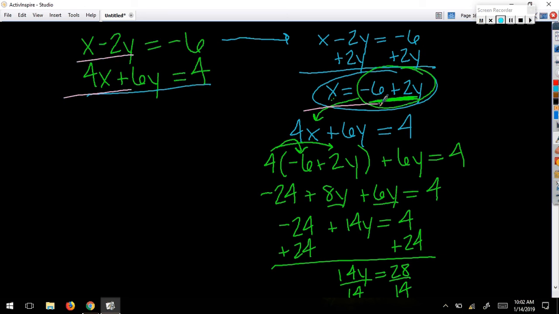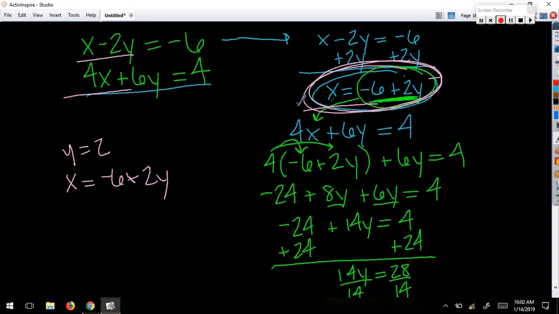The easiest one to plug in though is the one where you got x equals negative 6 plus 2y, because that's what you're trying to find, what x equals, right? So we know y equals 2, and we know that x equals negative 6 plus 2y. So if we plug in this one that we found here, then we can find x.